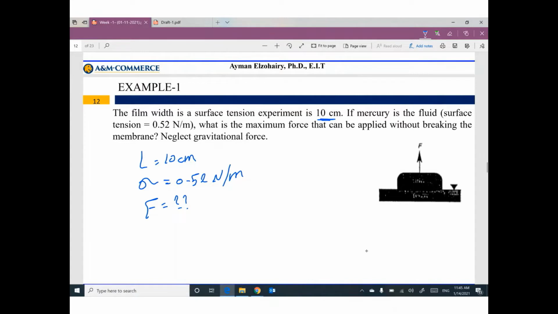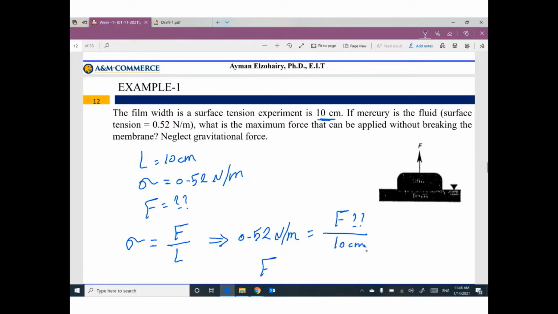So we have a relationship between surface tension, the applied force, and the length: sigma equals F divided by L. Make sure your units are consistent. Sigma equals 0.52 Newton per meter, equal to the required force, which is unknown, divided by L, which is 10 centimeters.